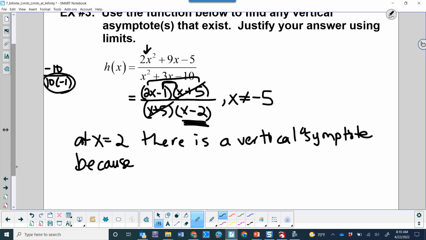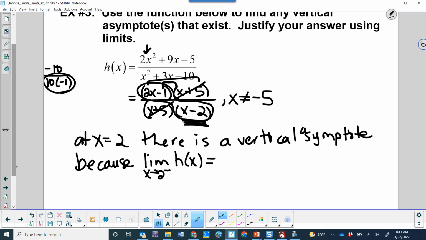So my reason is because the limit as x approaches 2 from the left of h of x is going to be either positive or negative infinity. So let's figure it out. Well, again, I only have to look at what's happening here, honestly, because the sign isn't going to be any different whatever I plug into the x plus 5 and x plus 5, right? So that's not going to change the sign of my problem.